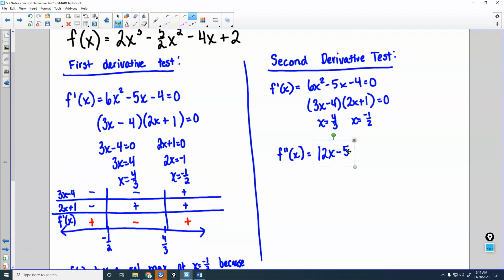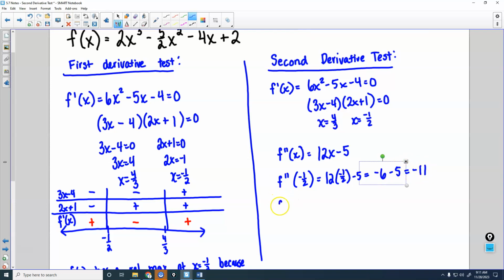And what you want to do is test your critical points to see what your second derivative is at that point. So you're going to plug in f double prime of negative 1/2, which would be 12 times negative 1/2 minus 5. And so that'll give you negative 6 minus 5, which is negative 11.